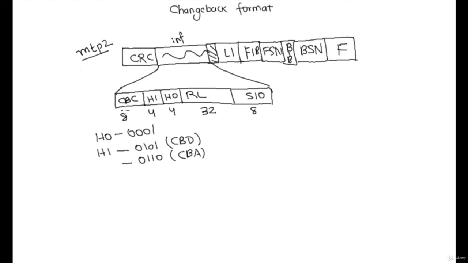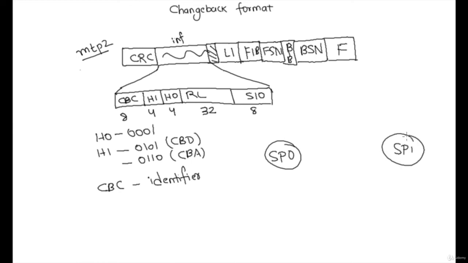The CBC field is going to identify the changeback, as there can be several changebacks happening in parallel. Let's say SP0 is here and signaling point 1 is here.